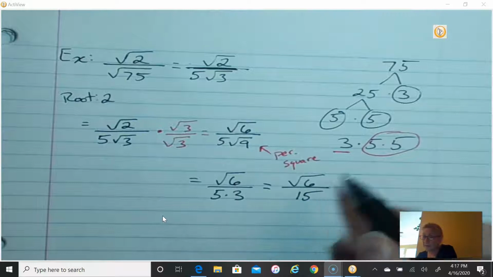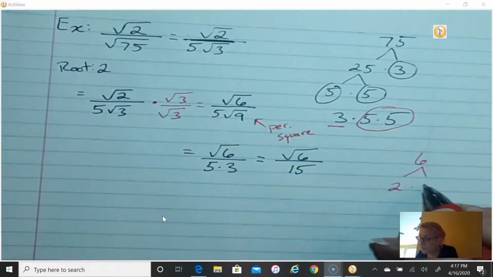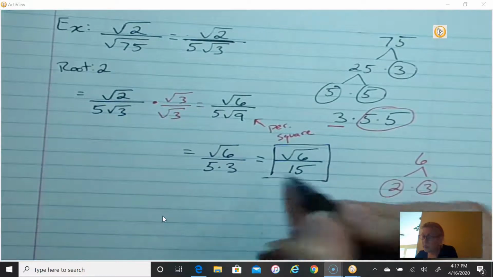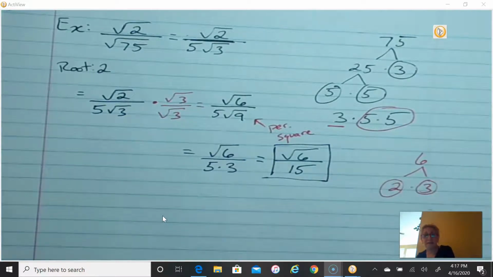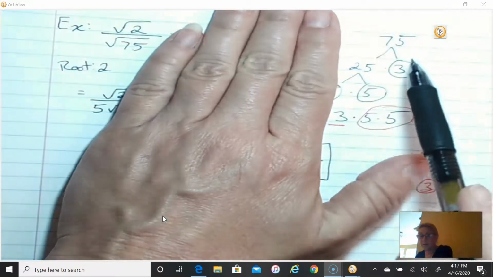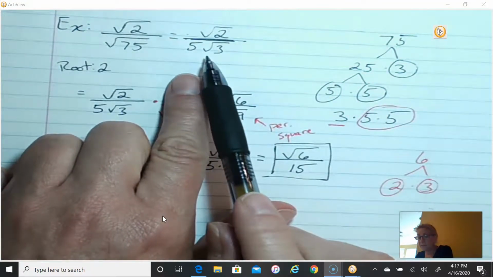Now, this is simplified because look over here. If I did the little tree here, I have no pairs. So we leave that 6 alone. If I'm talking too fast and you need to redo this part of the video, you can, to see step by step. You've got to do the factor tree. That gives you that down there.